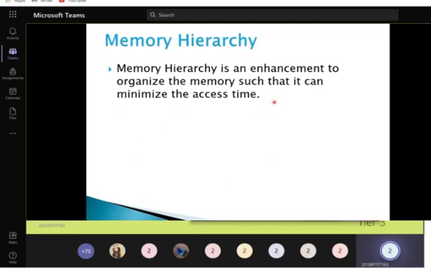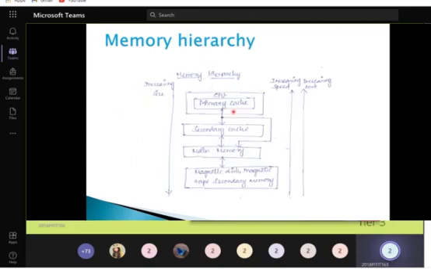So this is the memory hierarchy. How am I arranging it? I'm having this primary cache present in the CPU, followed by the secondary cache, and then the main memory, and then magnetic disk or magnetic tape for the secondary memory.